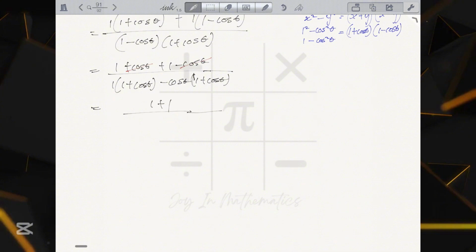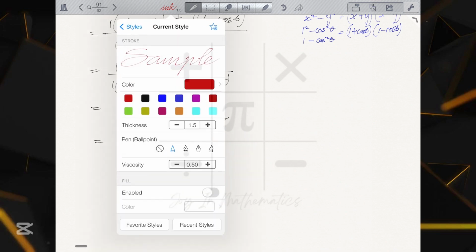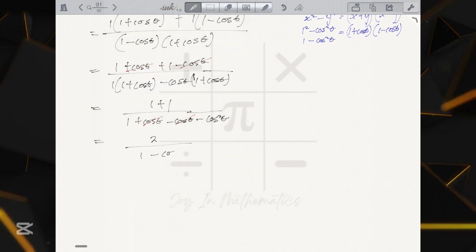And the denominator, we open the bracket with 1, so we'll have 1 plus cos theta. Opening the bracket with minus cos theta, we'll have minus cos theta minus cos squared theta. And now we'll have 2 divided by, likewise, cos theta will nullify minus cos theta, and we are left with 1 minus cos squared theta, which is the expression we have here.